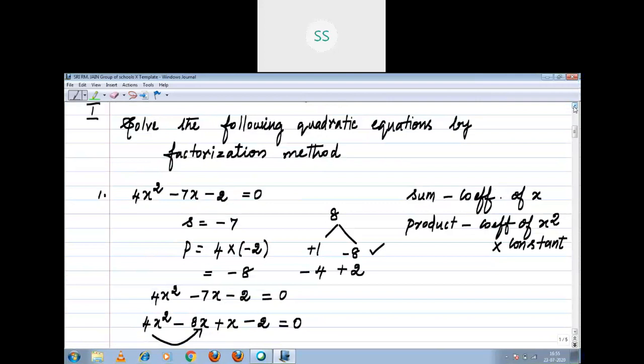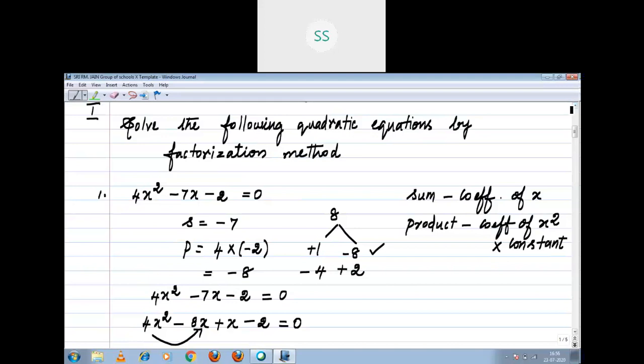The possibilities I wrote: 8, 1 eight, 4 two. Sum is negative, product is negative, so bigger number negative, smaller number positive. Which one is apt? Based on the sum you have to select. Here we selected 1 and minus 8. Using that, I split and wrote the minus 7x, right? I didn't disturb the given, but I wrote it in a convenient manner, right?